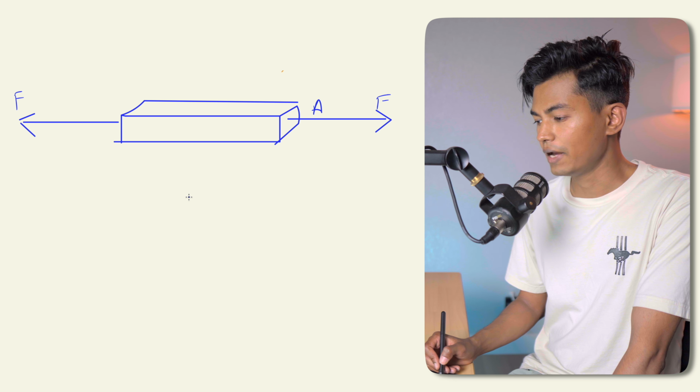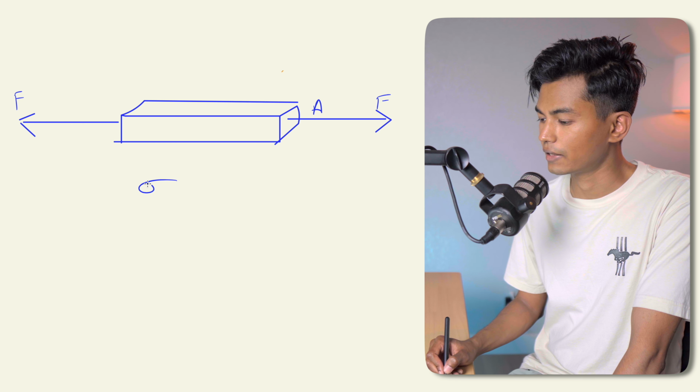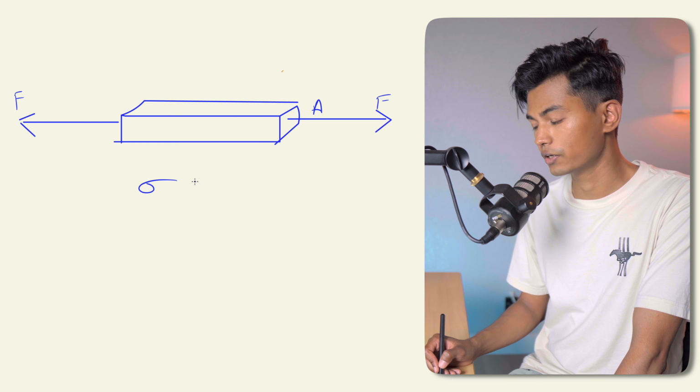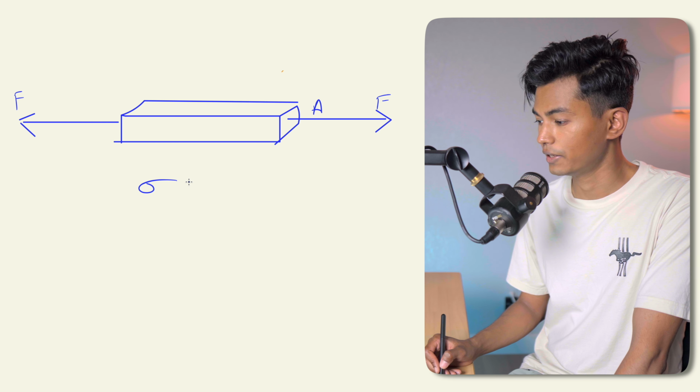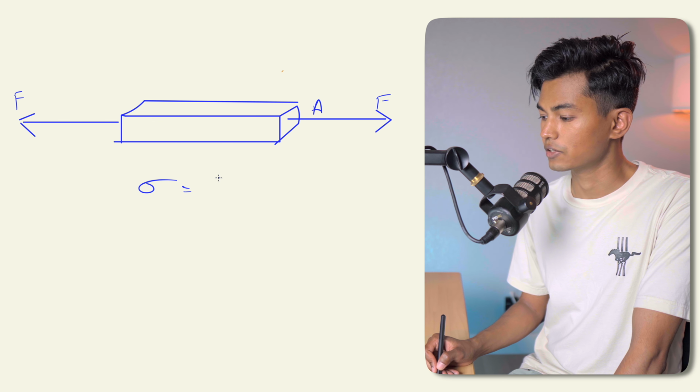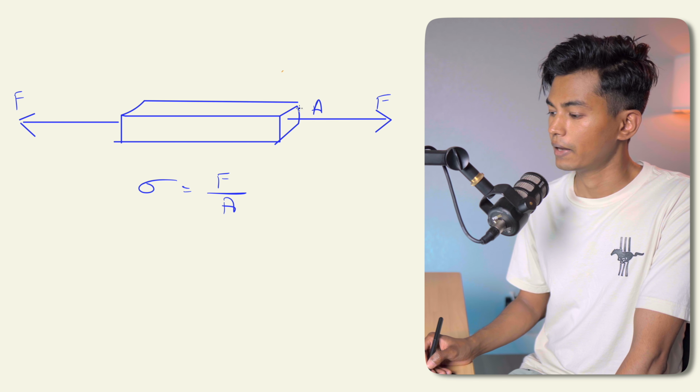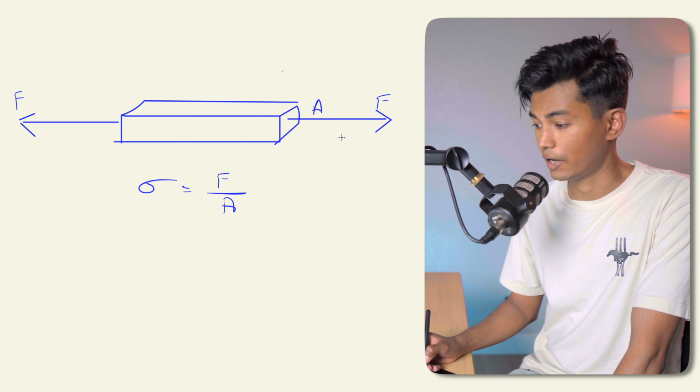Area is A. By now I believe everybody understands what the longitudinal stress developed within it is going to be. You can see by the nature it is going to be tensile stress, and it is going to be equal to force by area that is perpendicular to that force.